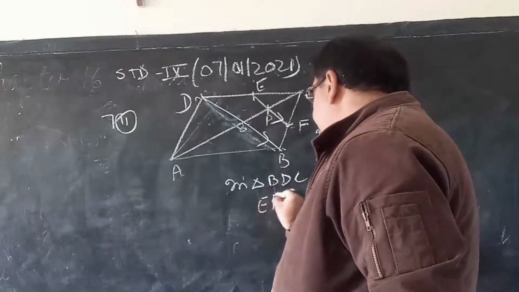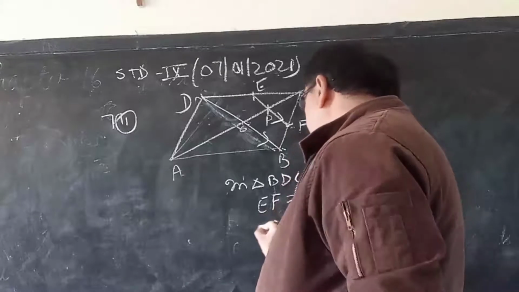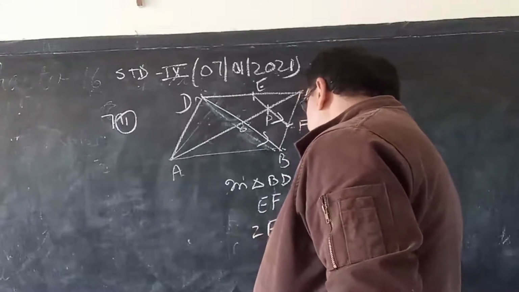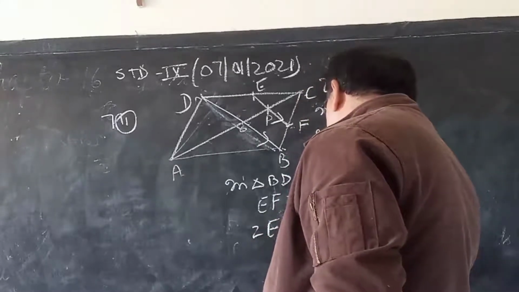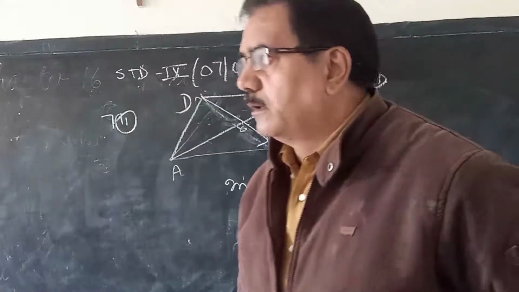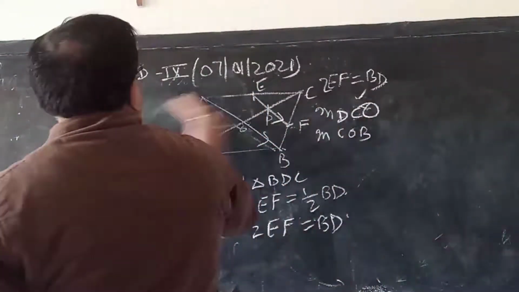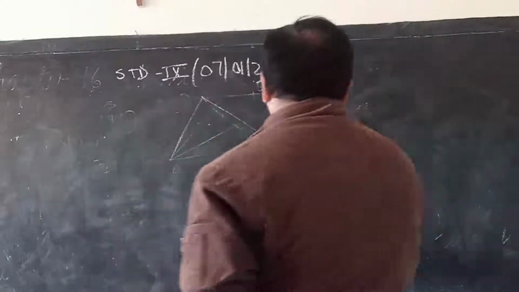Means EF will be half of BD. Do the cross multiplication: twice EF is equal to BD. This is what we have to prove. So this type of question we have to prove.